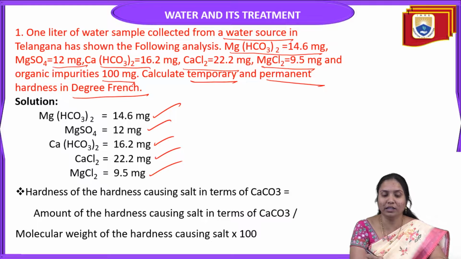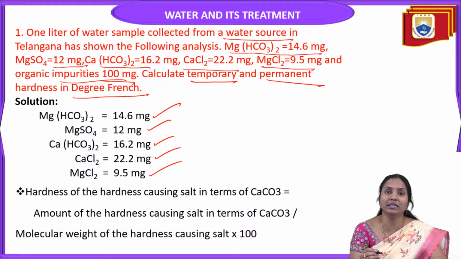Other organic impurities are also present in that water, but we cannot consider them. They are negligible and we can ignore them because they do not participate in hardness. We cannot use them for calculation of total, permanent or temporary hardness. If any data is not related to hardness causing salts, we can ignore it.